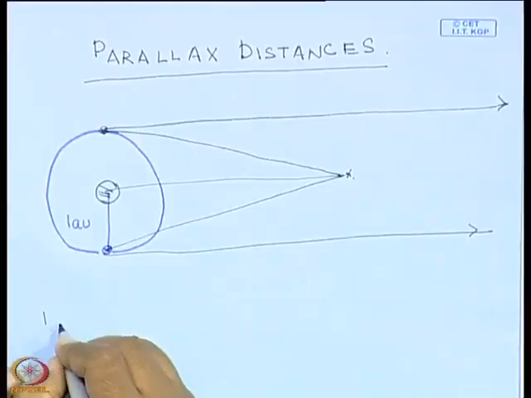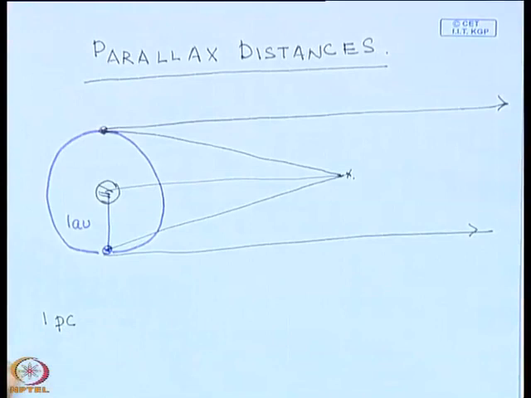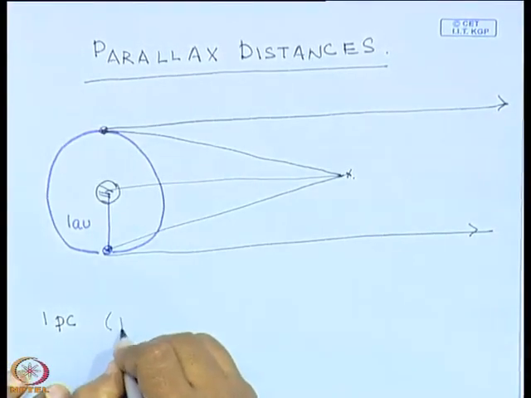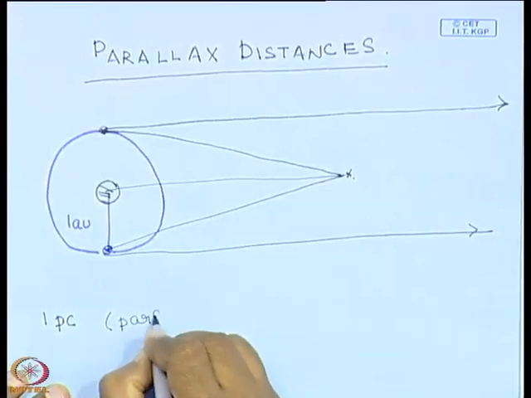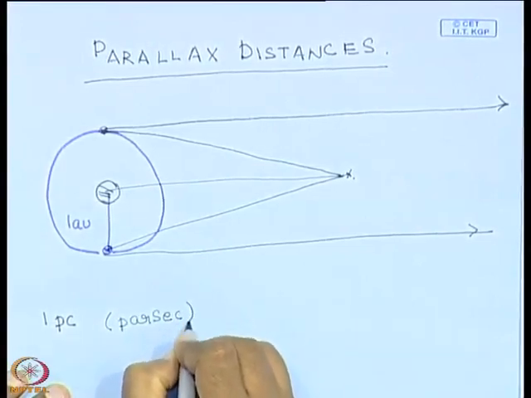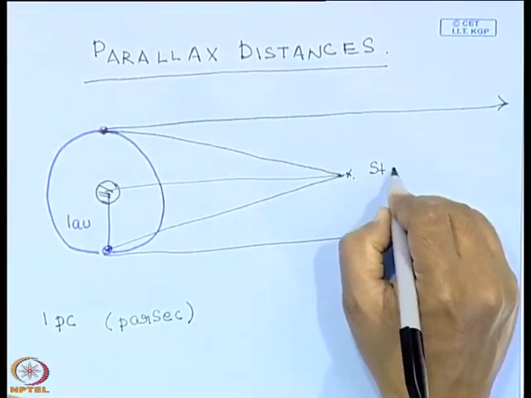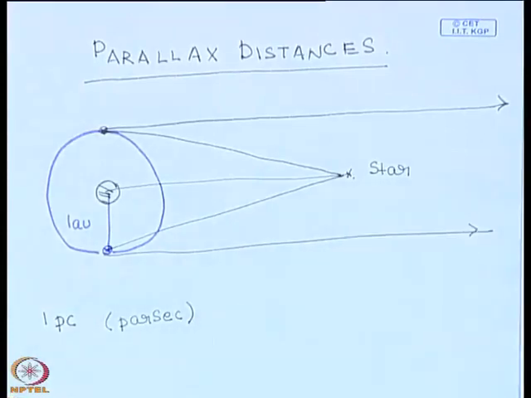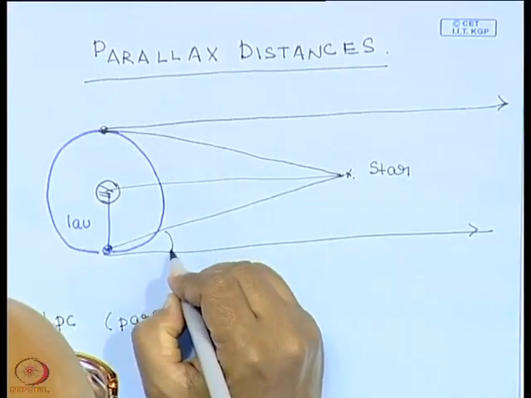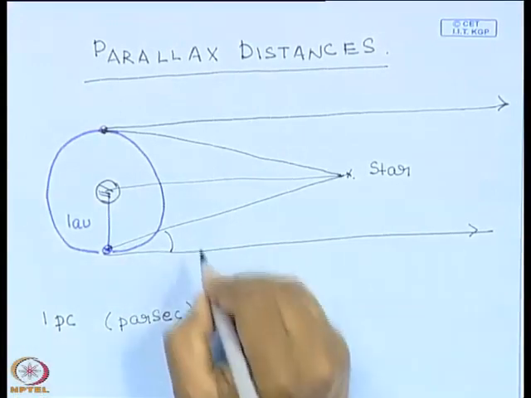So, the unit of distance beyond the solar system is a parsec, which is denoted by 1 pc, or parsec, and it is the distance where if I place a star here at this distance, this parallax angle would be 1 arc second.